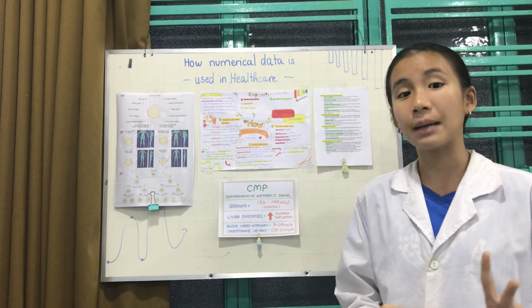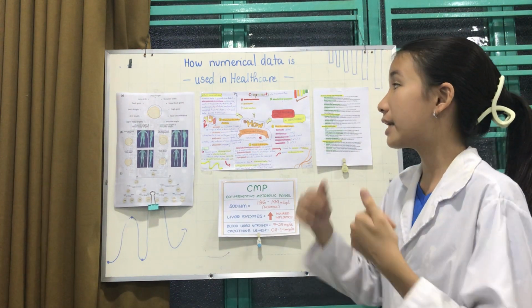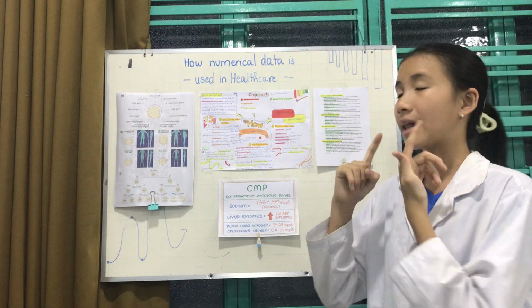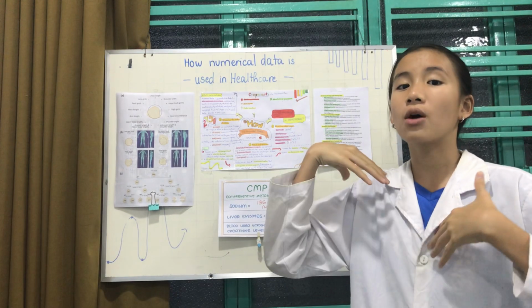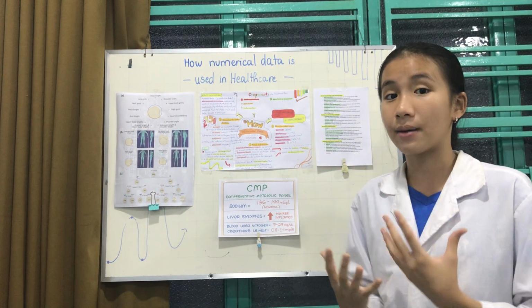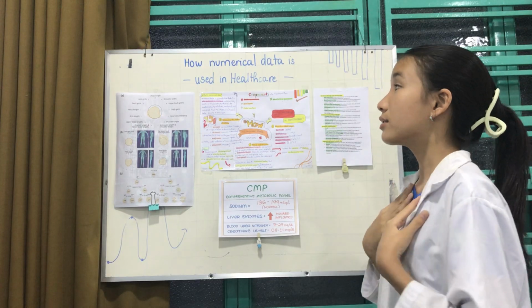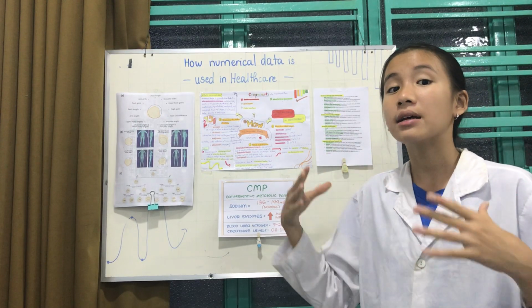There are two main types of numerical data, discrete numerical data and continuous numerical data, which I will further elaborate on in my second video. So that is, firstly, what is numerical data?